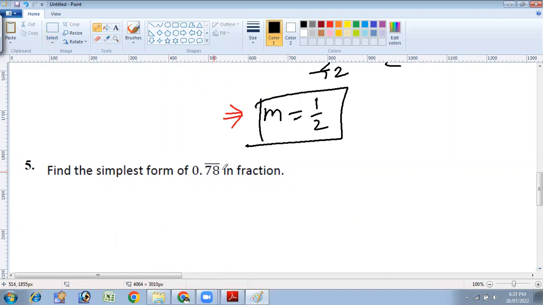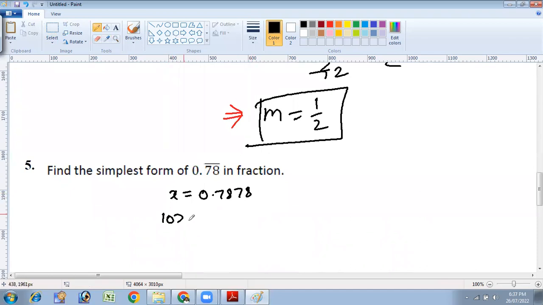Sir, by finding 10x is equal to, sorry, 100x is equal to 100 into 0.78, that method. First of all, x is equal to 0.7878, like this. Then multiply 100 on both sides.